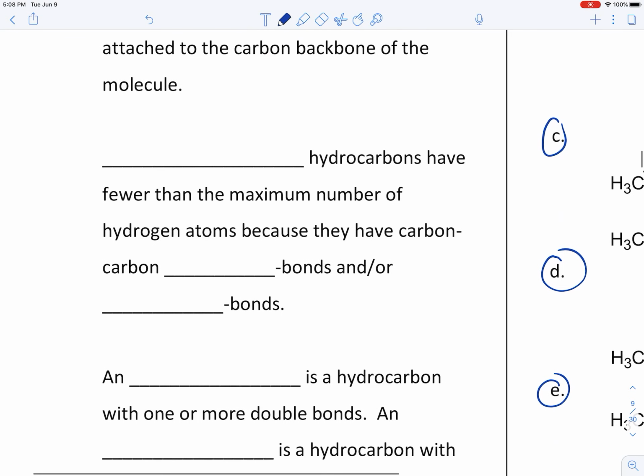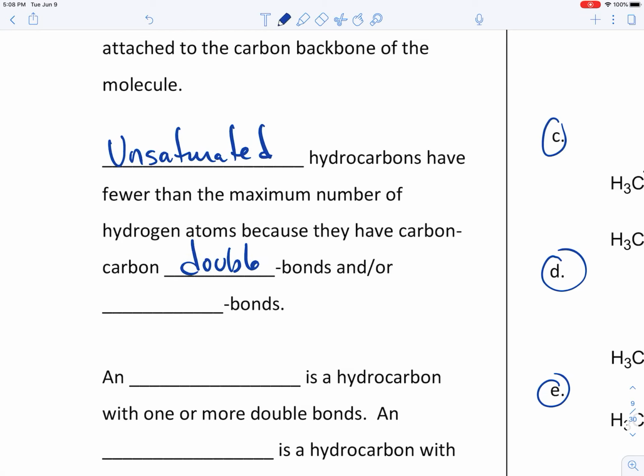On the other hand, unsaturated hydrocarbons will have fewer than the maximum amount of hydrogen because we now have carbon-carbon double bonds. That'll be for alkenes, and triple bonds.